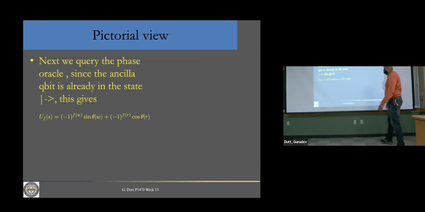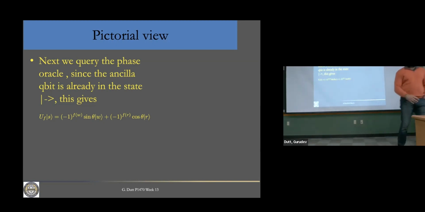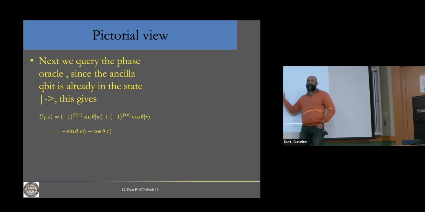I'll show you the circuit in a minute, or maybe not today, but we'll see. So we get minus 1 to the power f of w, sine theta W, plus minus 1 to the power f of r, cos theta R. Basically, this is the effect of the oracle, once again similar to all the previous cases. We know f of w is 1 and f of any of the other non-winners is 0.